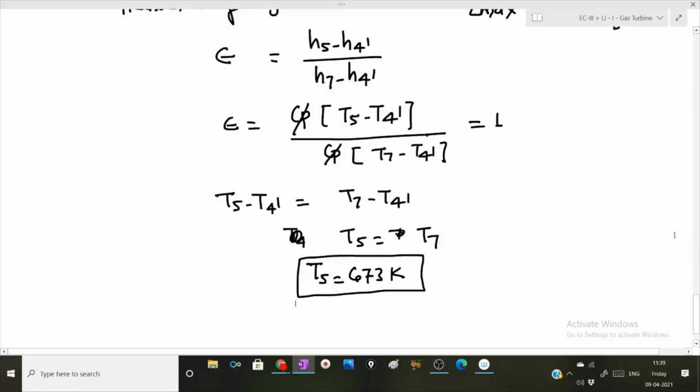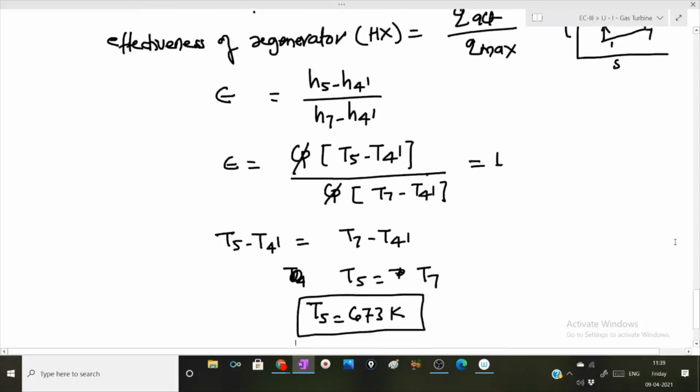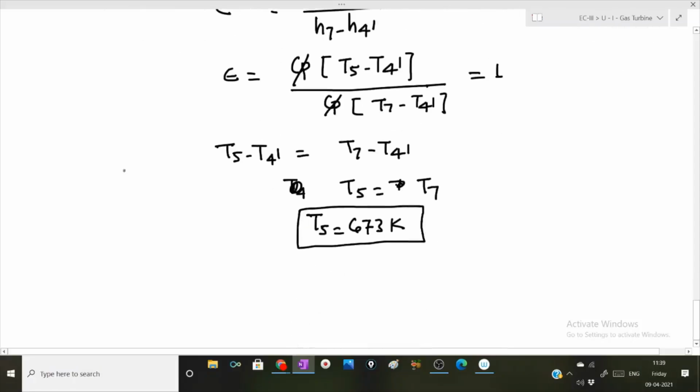So once again we have the values of all five temperatures: T1, T4 dash, T5, T6 and T7. So let us calculate specific work output.